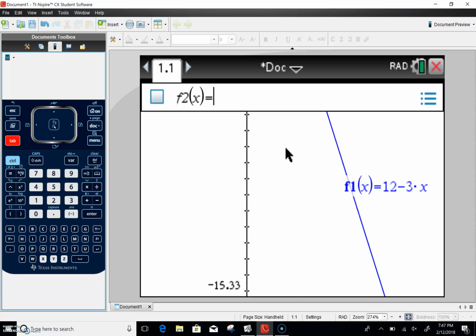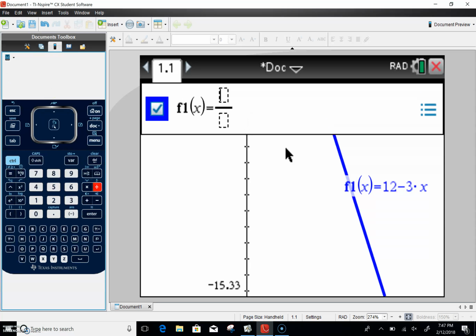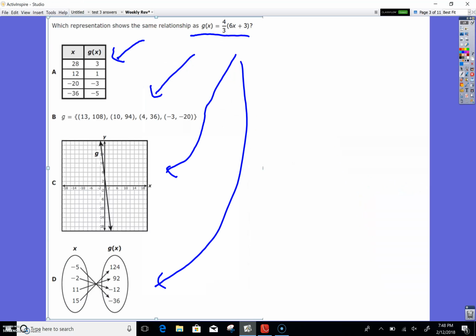Again, I just want to delete. Control, divide. 4/3, parentheses, 6x plus, what was it again? 30.